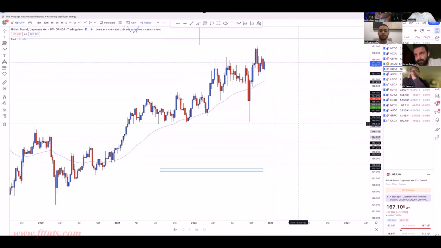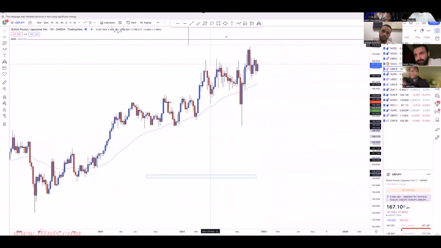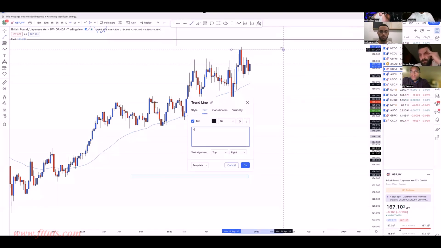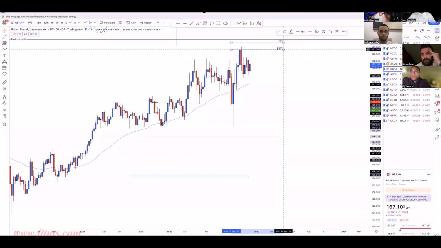So we are, let me just delete this. We are bullish. We are creating higher high, higher low, whatever, lower low, higher high. So we mark this off as our higher high. And then we mark this off as our higher low.